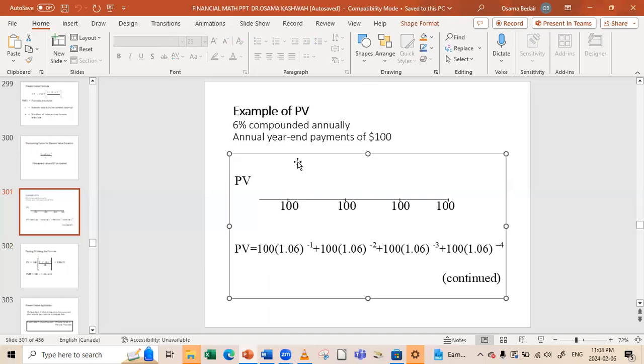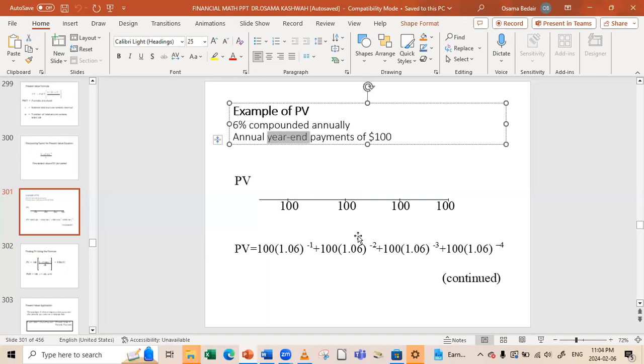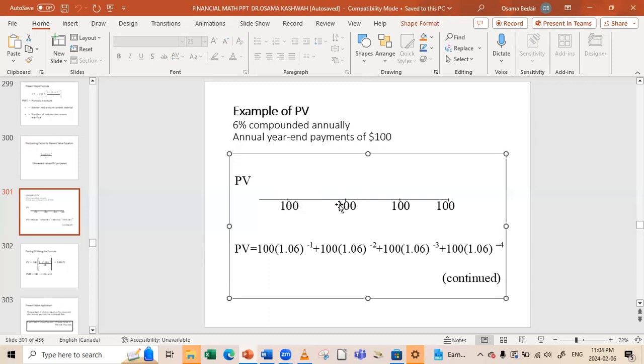The payment period is 4 years: at the end of the first year, the second year, the third year, and the fourth year. That means we have a simple ordinary annuity. Ordinary means at the end of the period.